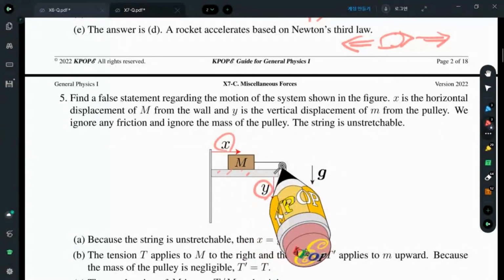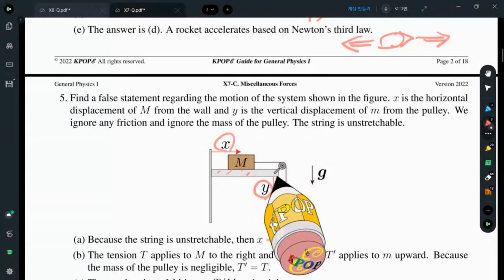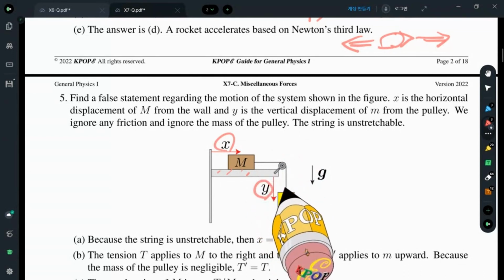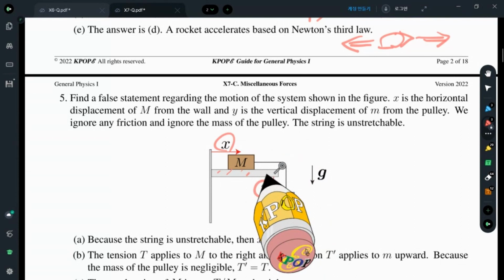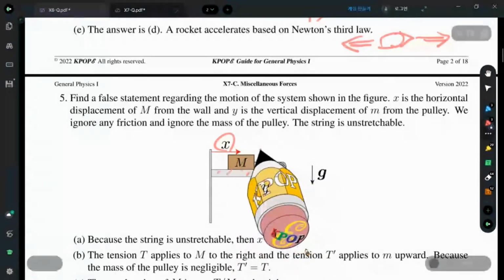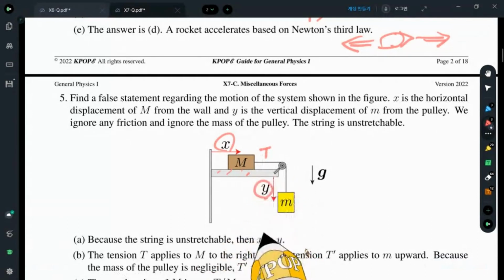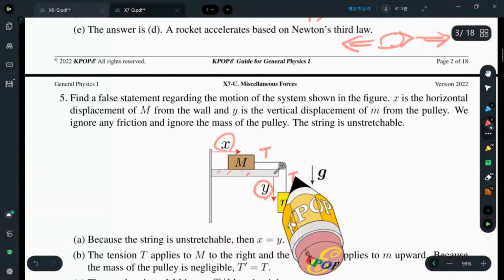It is impossible to have zero mass, but the mass of the pulley is negligible, as well as the mass of the string. And we consider the tension T in here. Tension applies to this T and T prime in here.